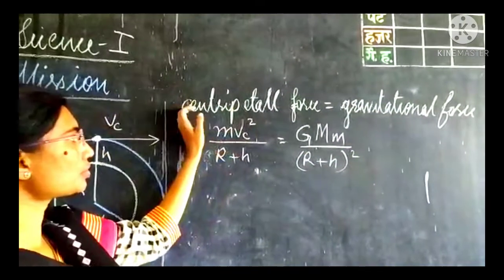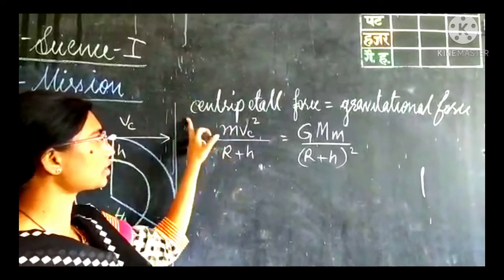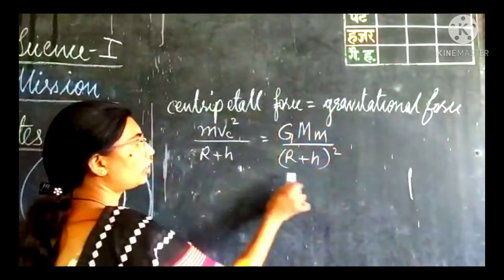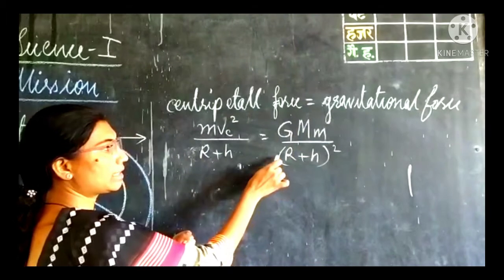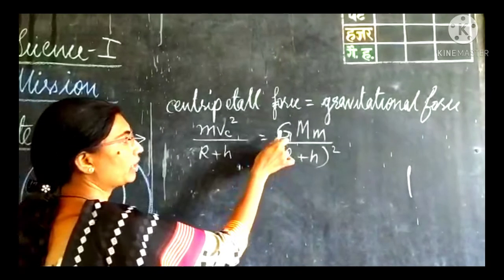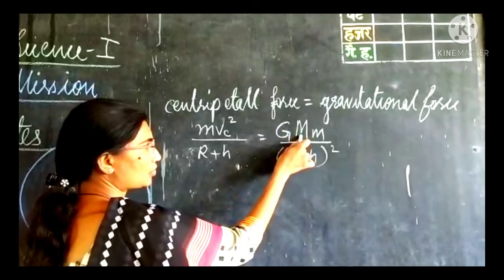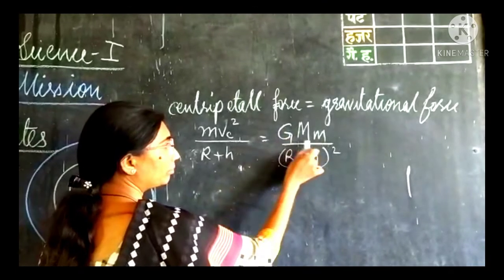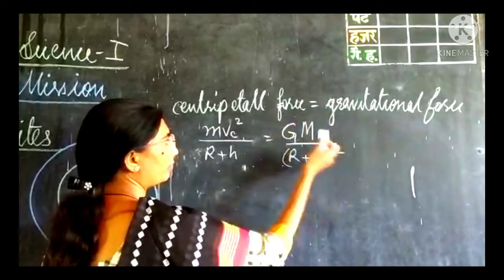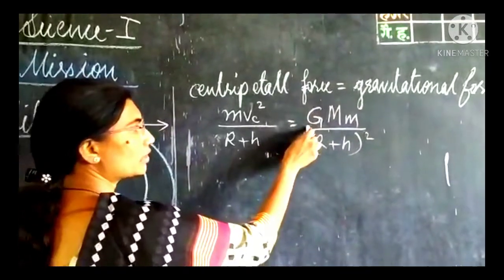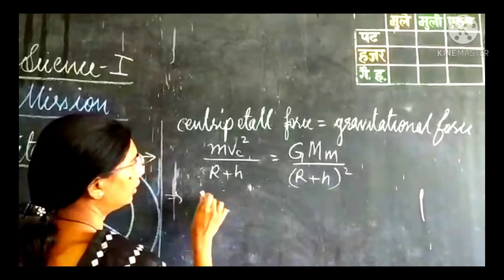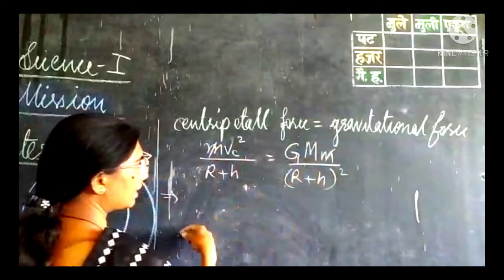So we are going to use this concept, and we will write the formula of centripetal force first. And the formula for the gravitational force we have studied in the first chapter, that is Newton's universal law of gravitation. Capital G, capital M, mass of the Earth, small m, mass of the satellite, divided by r plus h whole square. That formula. Capital G is universal constant. Now we will simplify this. Here, small m and small m get cancelled.